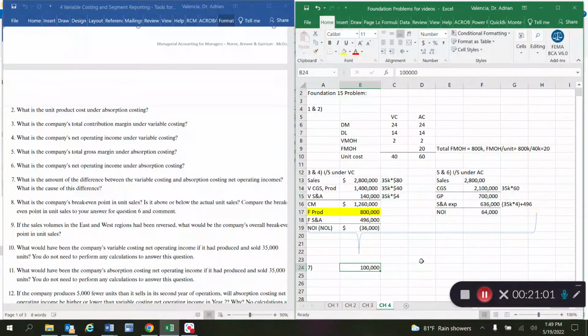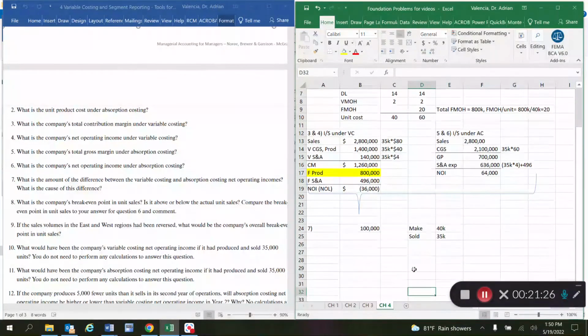We also talked about the nature of that difference, right? So it's coming from the fact that, just to be more clear, I made 40,000 units, 40K units, and I sold 35K units.